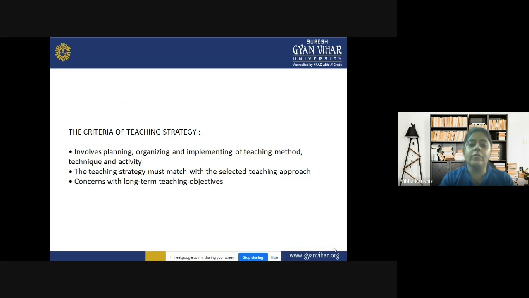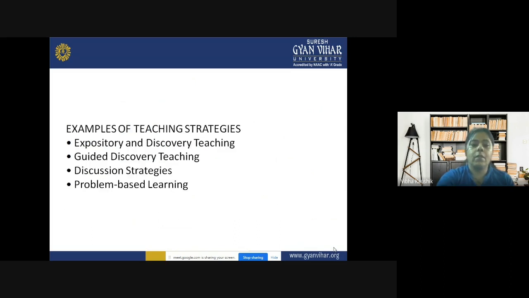What are the different long-term teaching objectives of that particular subject or topic which the teacher is going to teach the students? Now, examples of teaching strategies: exploratory and discovery teaching, guided discovery teaching, discussion strategies, and problem-based learning.